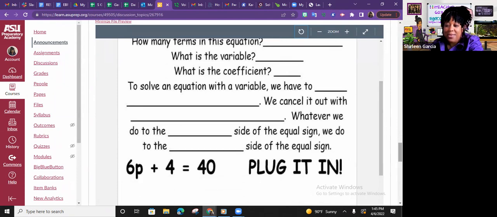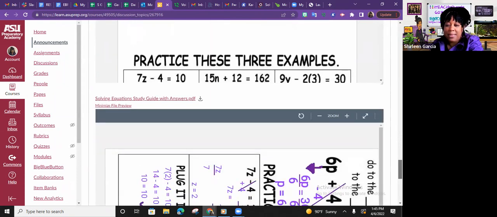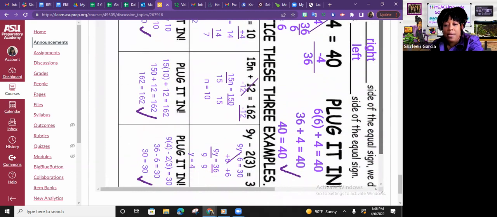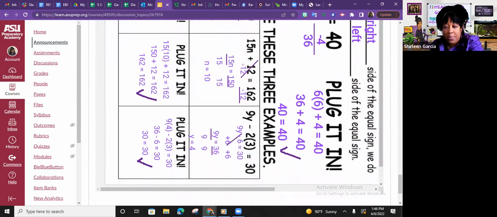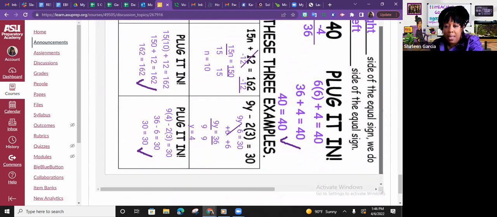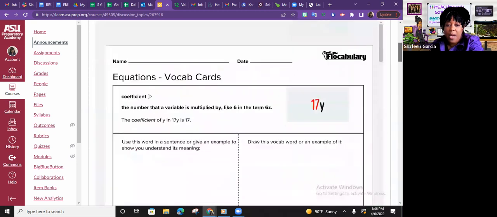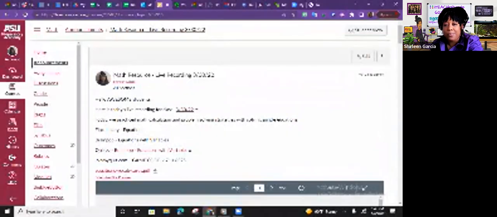You can download these and practice. I did it again with the answers so that if you're practicing and getting something wrong, you can trace your steps and figure out where you're making a mistake, okay? I just wanted to make sure everybody knows that you have that available to help you practice.